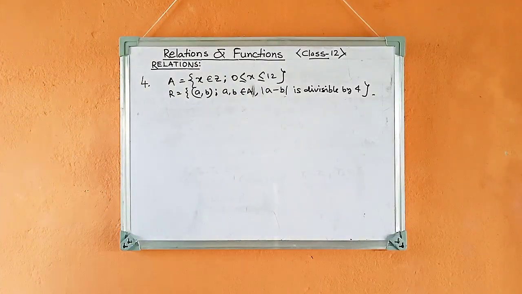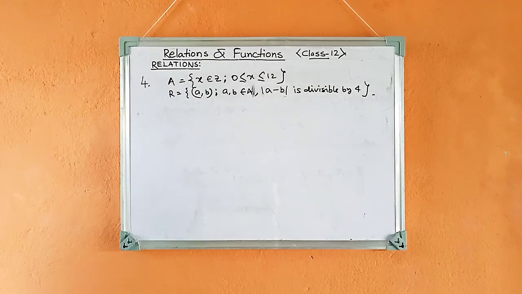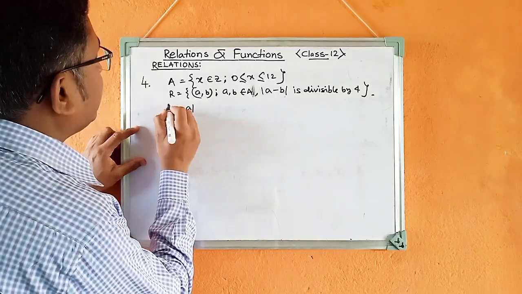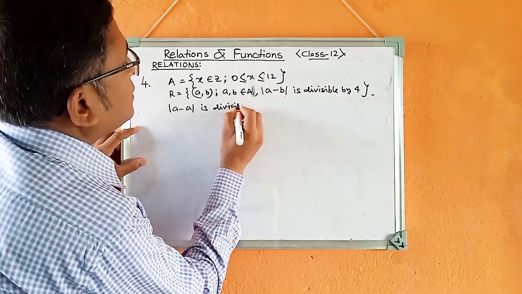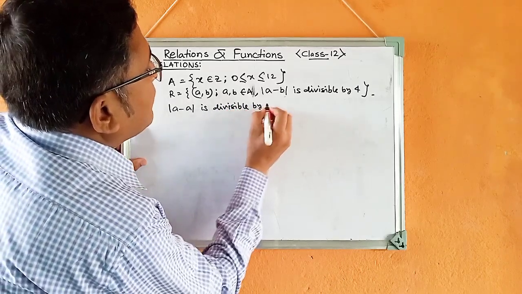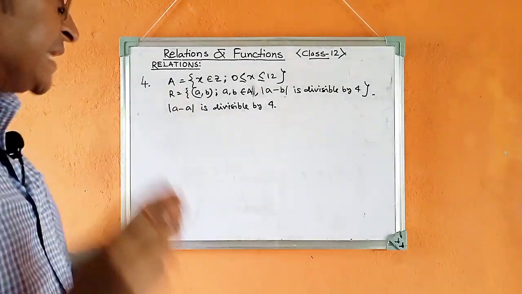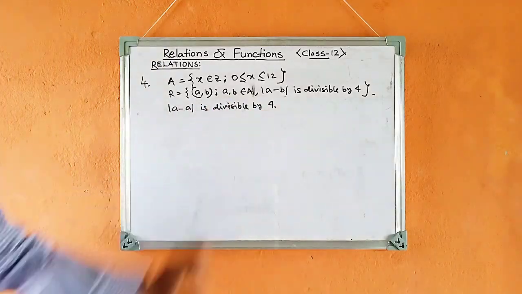So listen carefully. Since a minus a is divisible by 4: a minus a, two same numbers, the difference is 0, so 0 is divisible by 4.